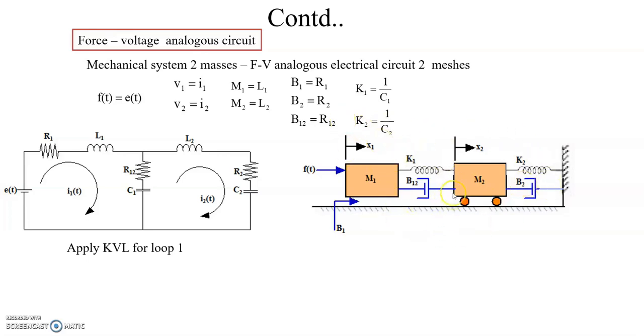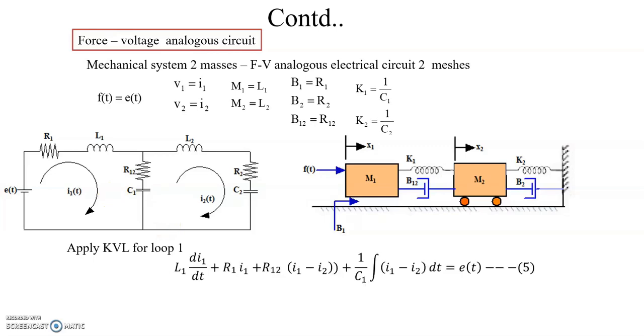The elements K1 and B12 are common between node 1 and node 2, so they are represented by analogous elements as common elements between the two meshes. This is our force-voltage analogous circuit.